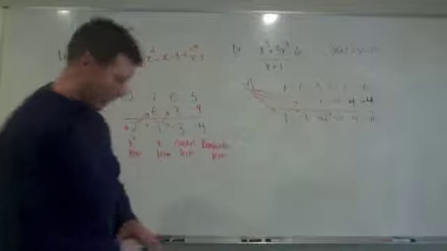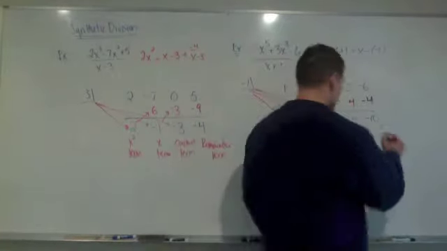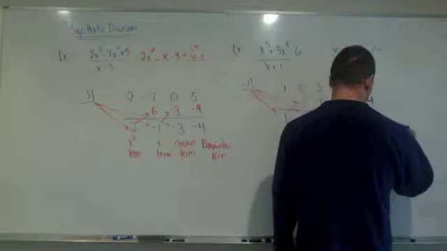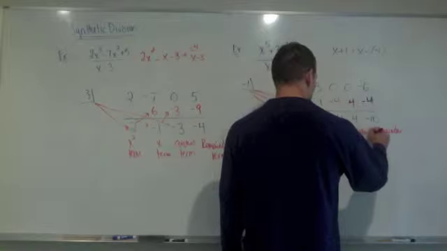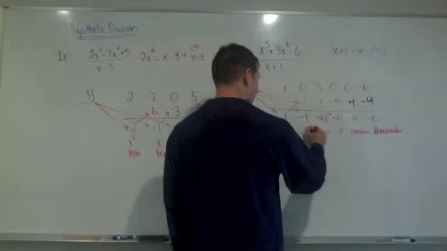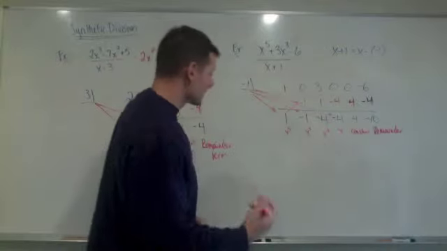Good. Okay. What do we start with? We always start with the remainder. This is my remainder term. This is my constant. x squared, x to the third, x to the fourth. So what's my answer?